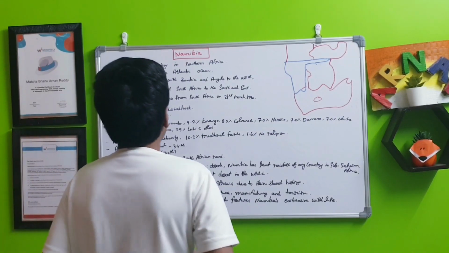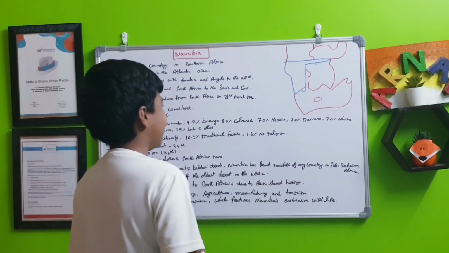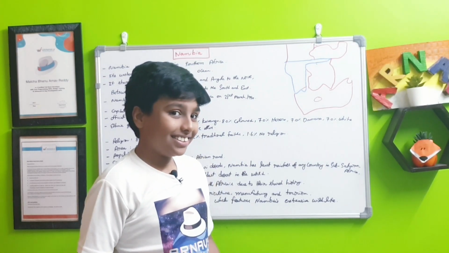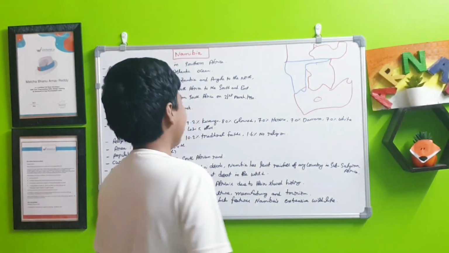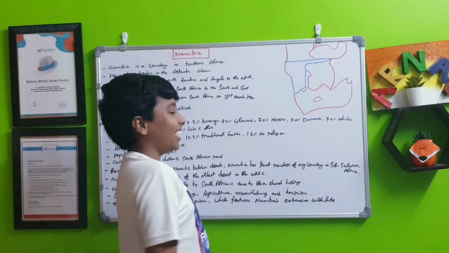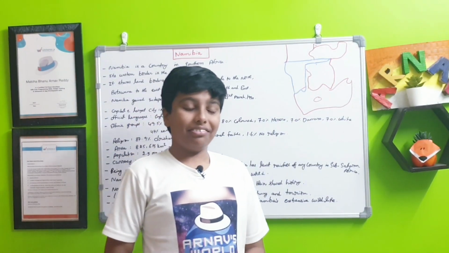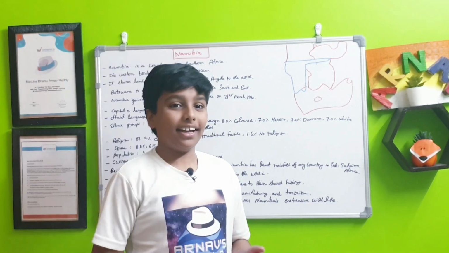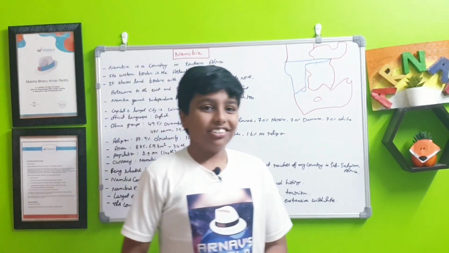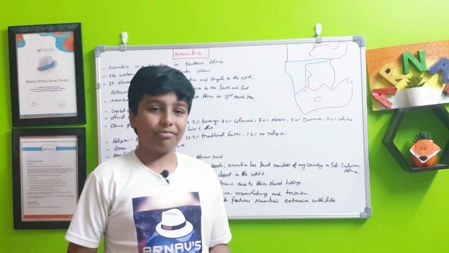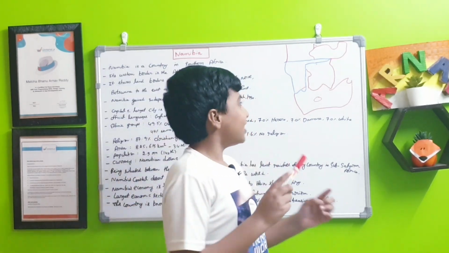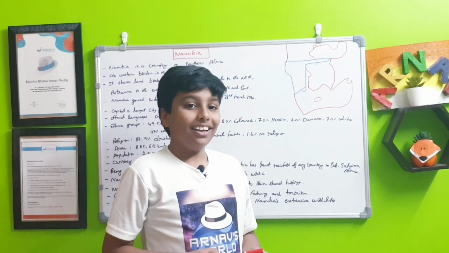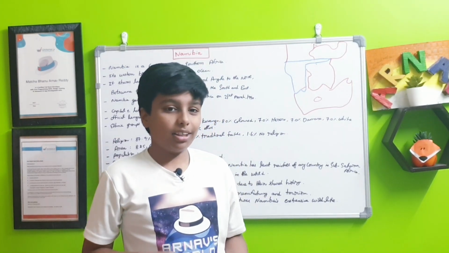Namibia gained independence from its southern bordering country, South Africa, on 21st March 1990. It is one of the only African countries that got independence from another African country. After World War I, the Germans once had Namibia, and then Namibia was given to the British.